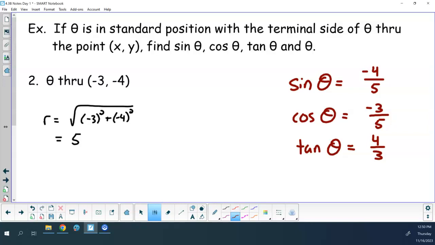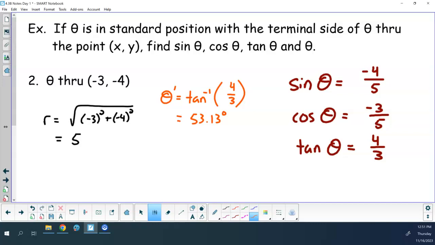Then we can say that my reference angle is equal to the inverse tangent of 4/3, because I dropped all of my negative signs. That should give me a reference angle of approximately 53.13 degrees. But what quadrant am I in?